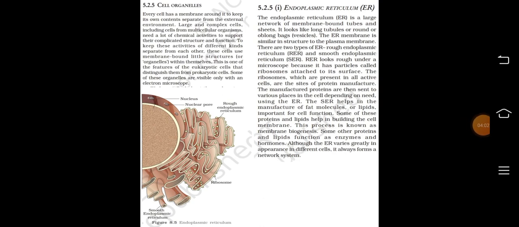Cell organelles. Every cell has a membrane around it to keep its own contents separate from the external environment. Large and complex cells, including cells from multicellular organisms, need a lot of chemical activities to support their complicated structure and function.